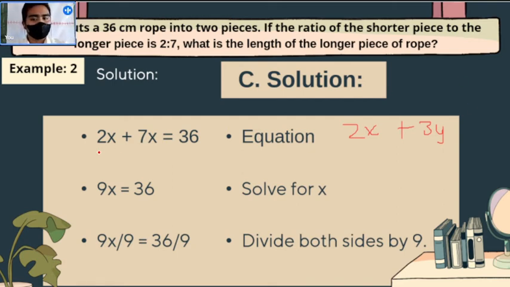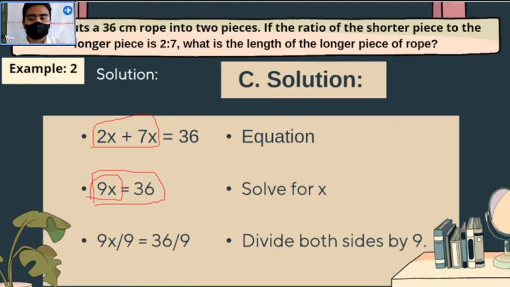Now, when we add these two terms, we get 9x, because they have the same variable. So you need to listen really carefully. We already got 9x, and it became 9x is equal to 36.